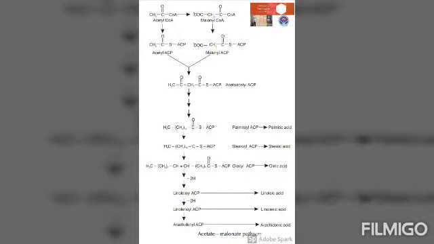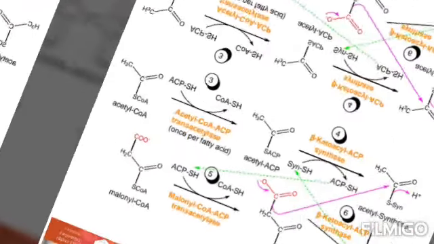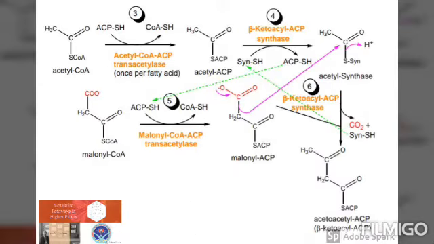The malonyl coenzyme A then reacts with ACP to form malonyl ACP. Further, the malonyl ACP is condensed with acetyl coenzyme A or acetyl ACP to produce acetoacetyl ACP.